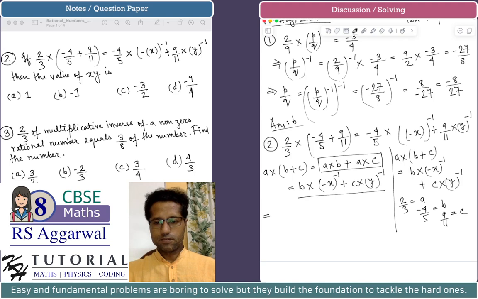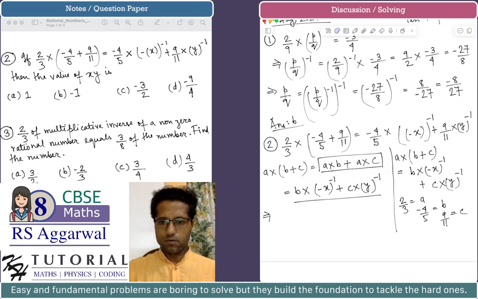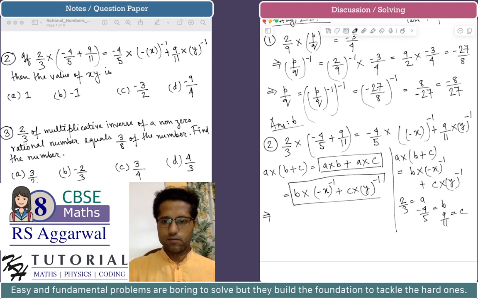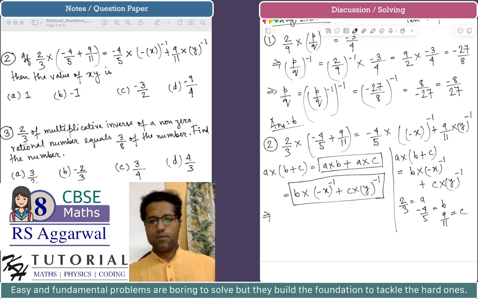So let me try to write it clearly. If you compare, these two boxed expressions are equal, because a into b plus c, if I apply the distributive law of multiplication over addition, becomes a into b plus a into c.